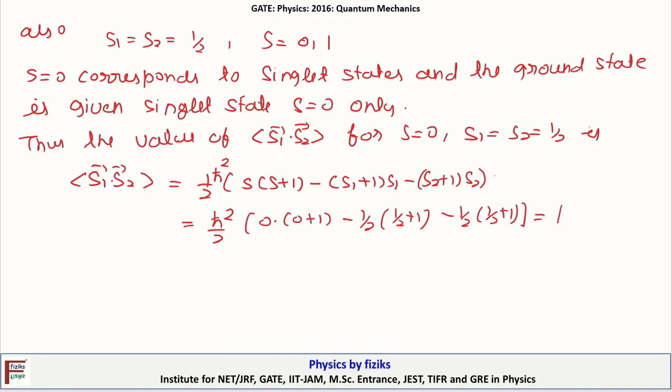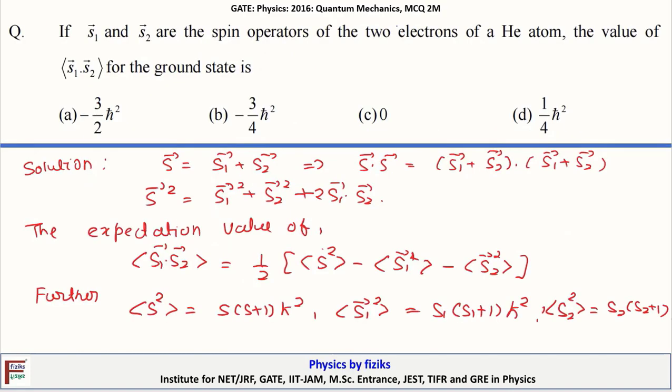That is H square by 2 into minus 3 by 4 minus 3 by 4, which results in minus 3 by 4 H square. So the value of S1 dot S2 for the ground state is minus 3 by 4 H square. That is option B is correct.